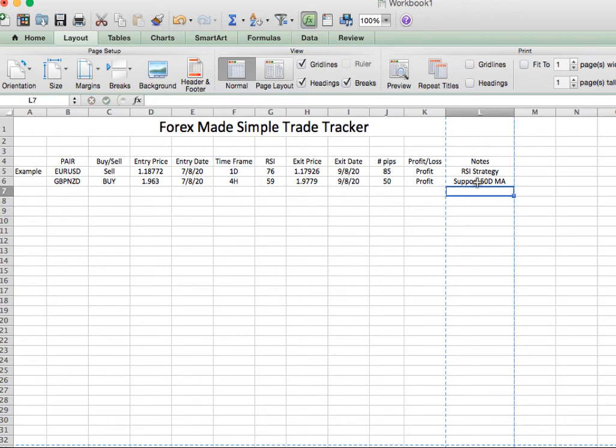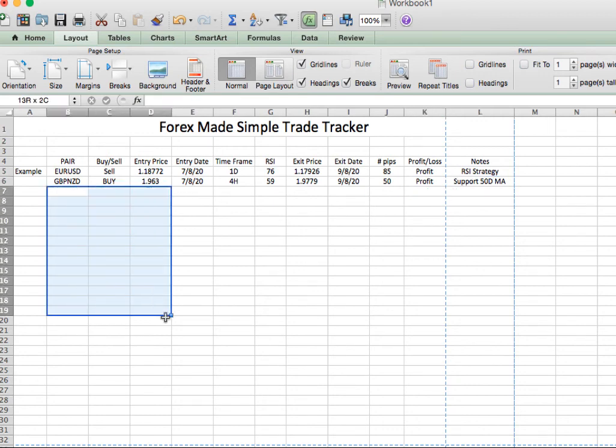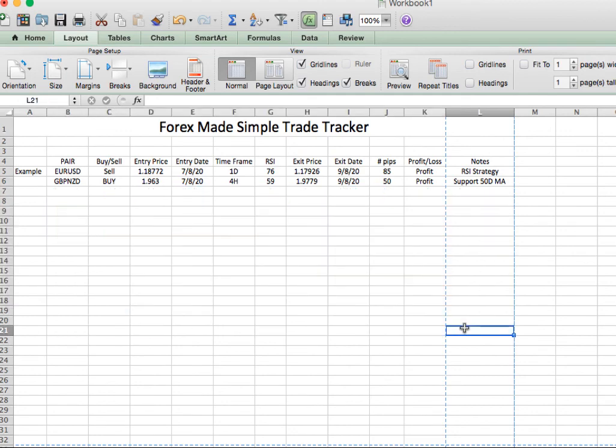Okay, so as I compare these particular strategies and I'm continuously tracking, I'm going to be able to look back and I'm going to say, hey, you know what? Every time I did a trade based on the RSI strategy, it was a winner, or 85% of my trades based on this strategy are winners. So the more I keep doing that, the more refined my process gets.